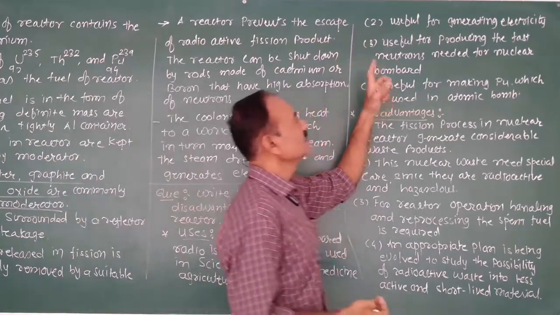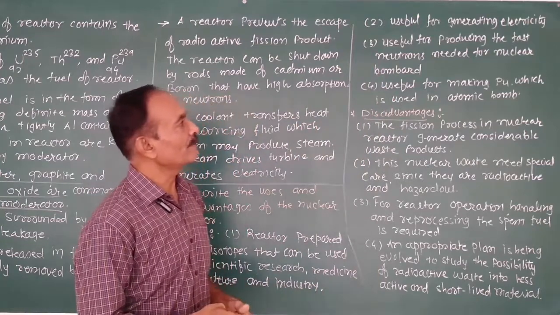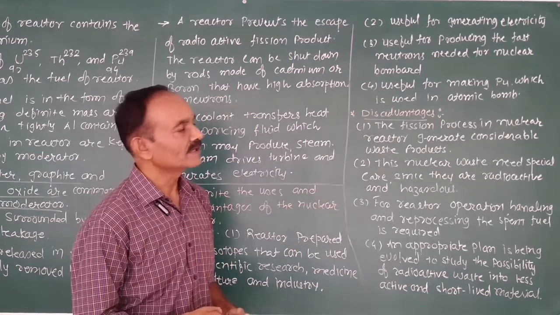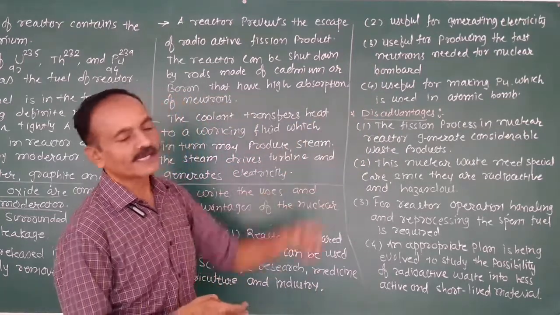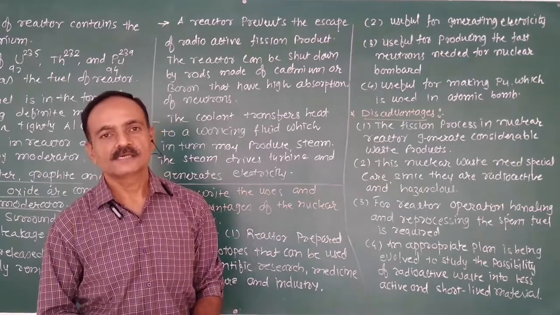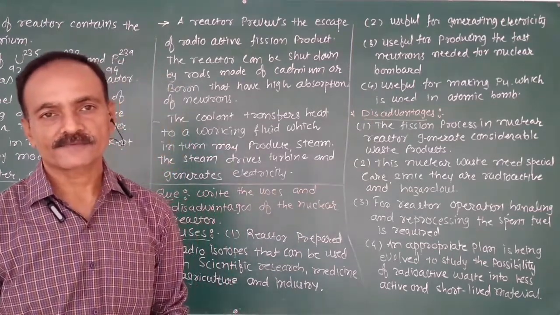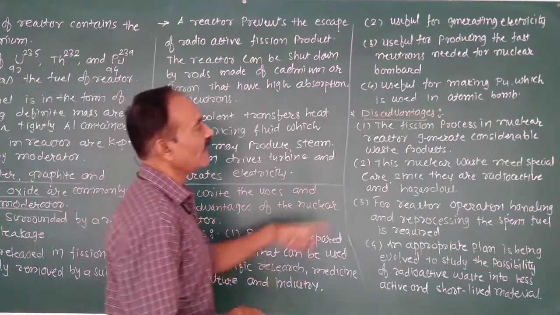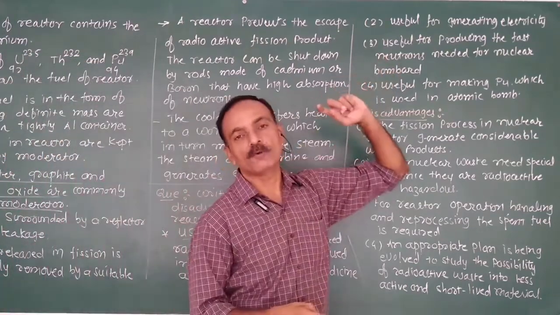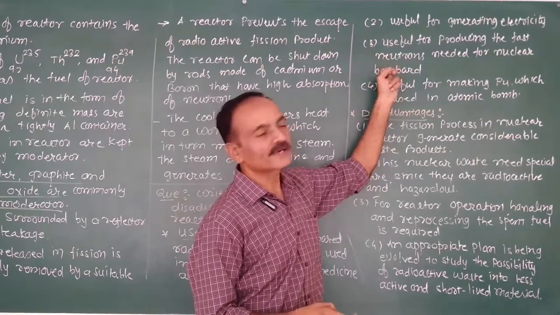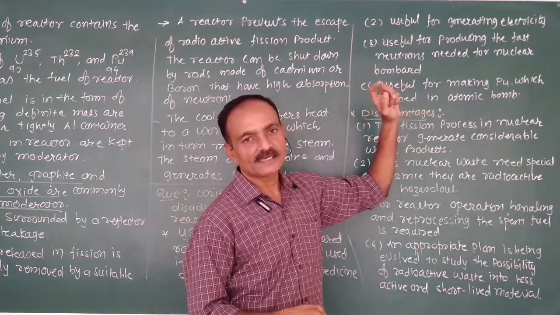Now the third use: it is useful for producing the fast neutrons needed for nuclear bombardment. The nuclear reactor also produces fast neutrons.